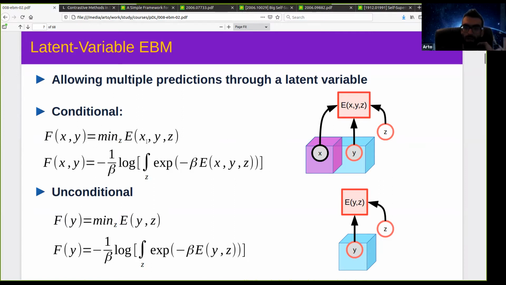Instead of minimizing this E of x, y, z with respect to y, we can marginalize this expression with respect to z when beta tends to infinity, right? As you recall from the previous lecture. And similar is true for the unconditional case, except we don't have x in this unconditional scenario. We will only have y and z.